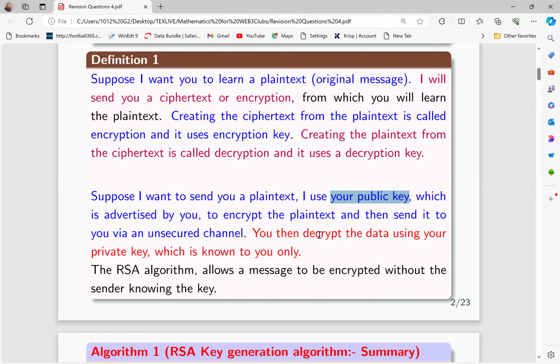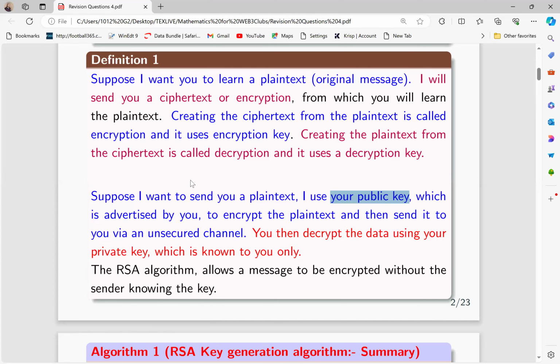That is the secret key. That one, you don't make public. It's a private key. So we have two keys here, the public key and the private key. Both of them are prepared by the recipient of the message, the person who wants to receive the message.